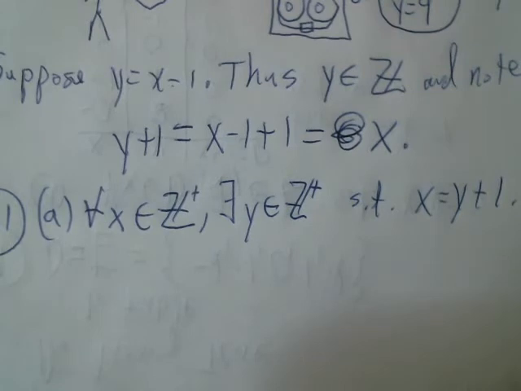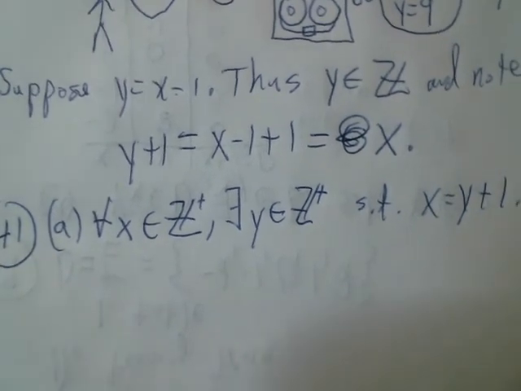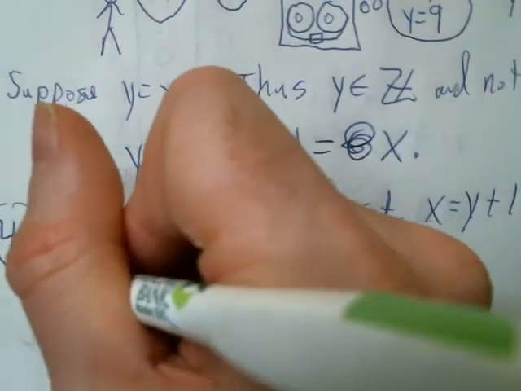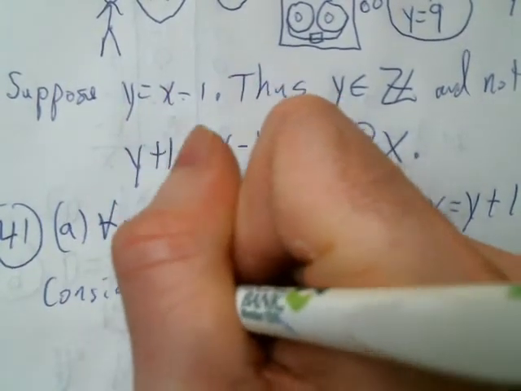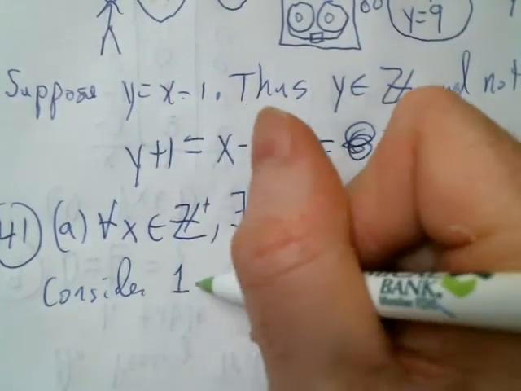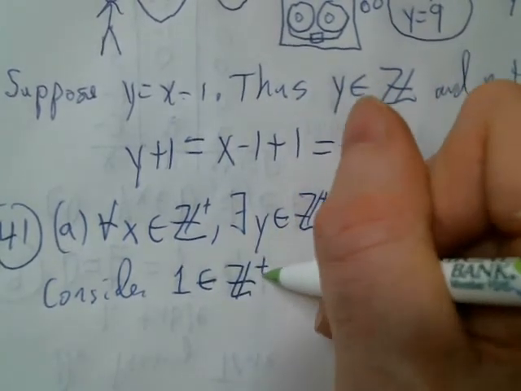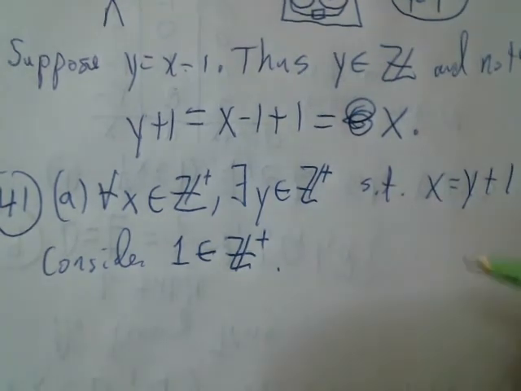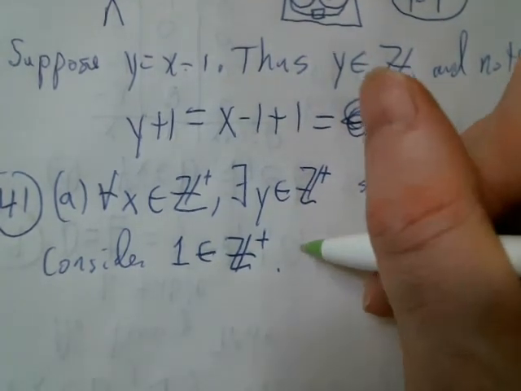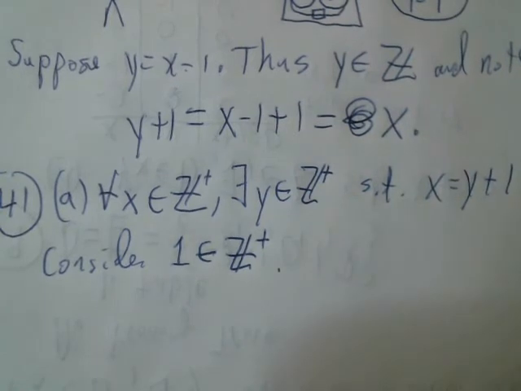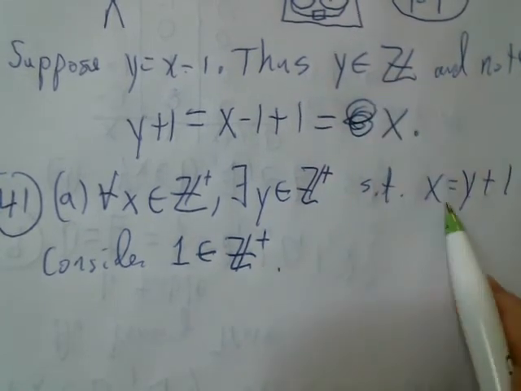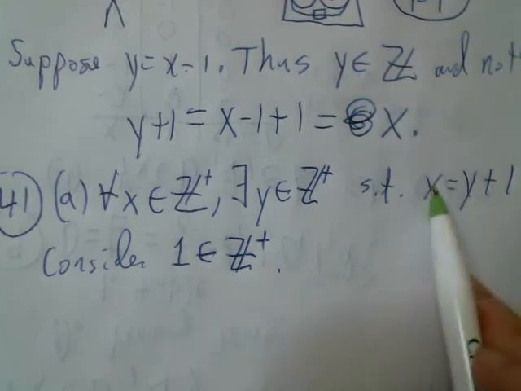for all x in Z. So let's consider some particular x, right? So consider the number 1, which is obviously a number in the positive integers, right? In particular, then, consider this equation when you plug 1 in for x.